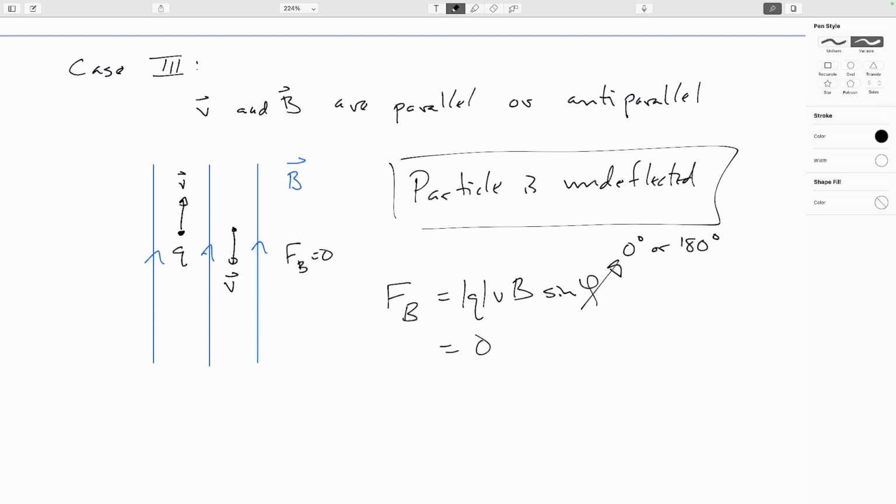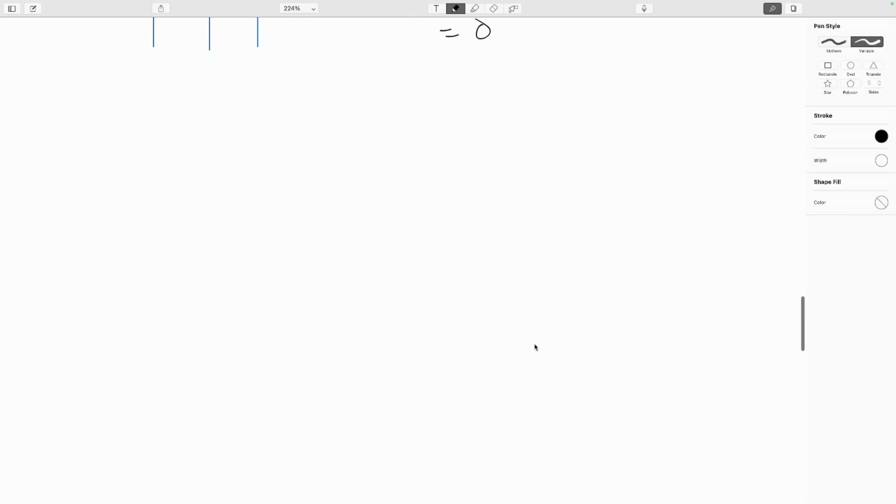Okay, that's going to let me loop back to thinking about the more general case. So I'm calling this one case 2. This is where V and B don't have a special angle.